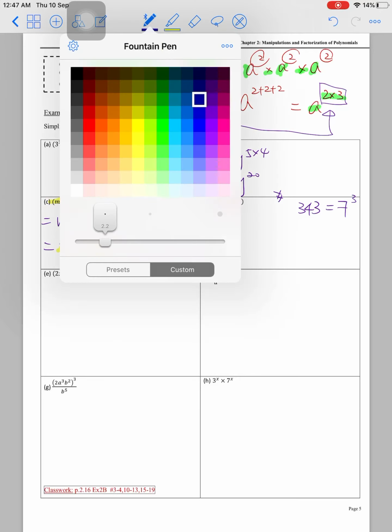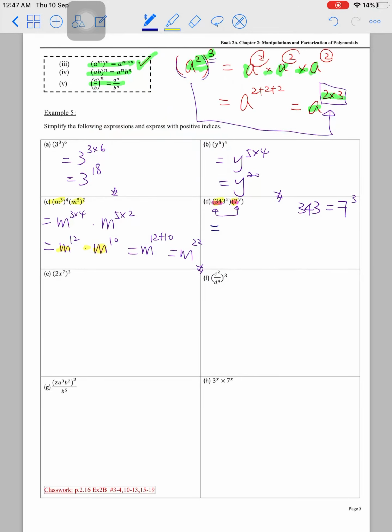So I change 343 to 7 to the power 3. Then the whole 343 has the power x, so you add the bracket and then power x. The second one is times 7 to the power y. The sign here means multiplication.